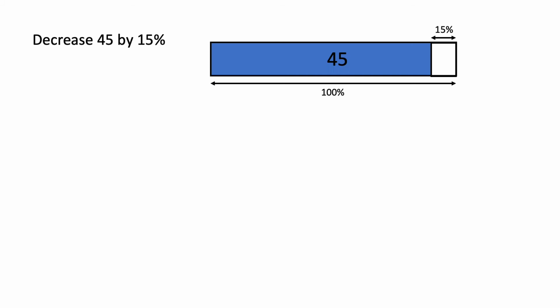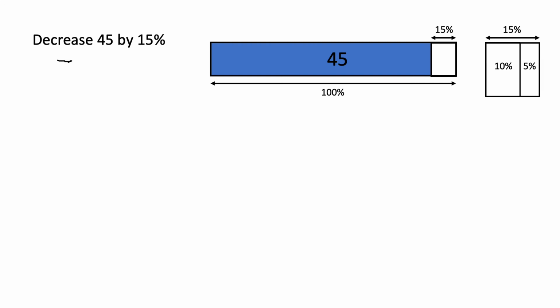Now, slightly differently, decrease 45 by 15%. When we see the word decrease, what we actually want to be thinking is subtract. We're making it smaller, we're taking 15% away. Looking at this, we obviously can't find 15% in one go without a calculator.